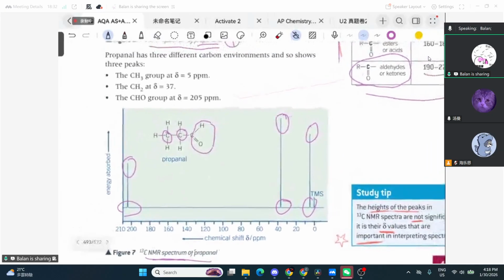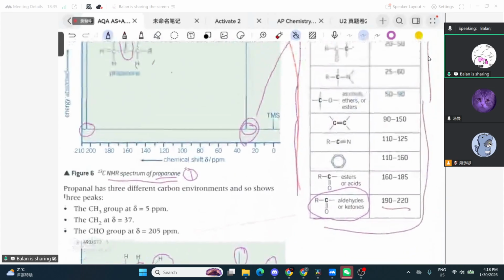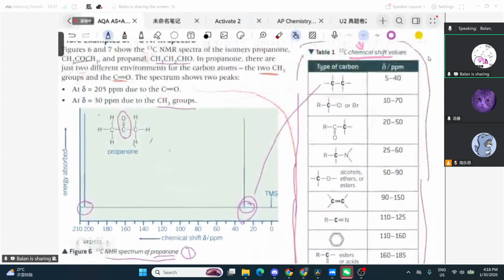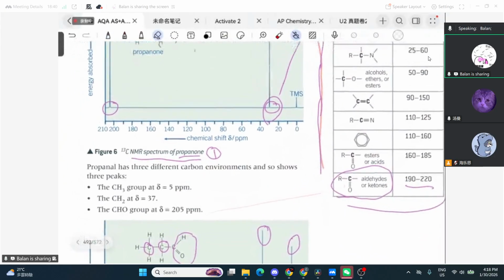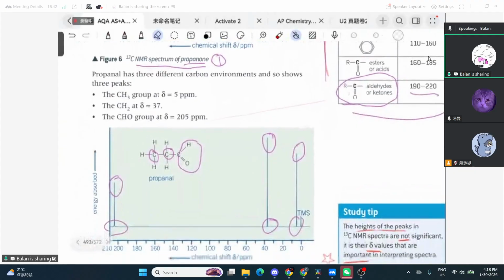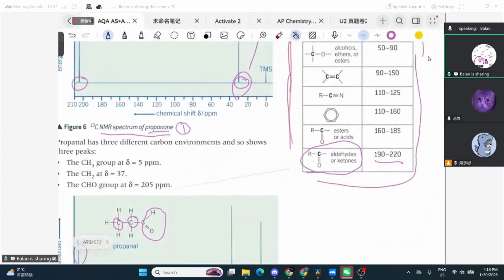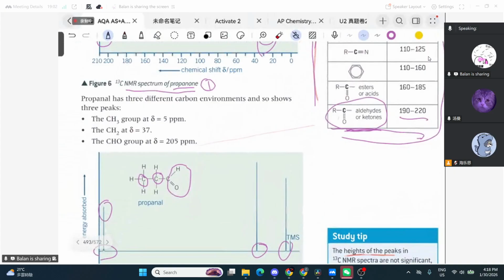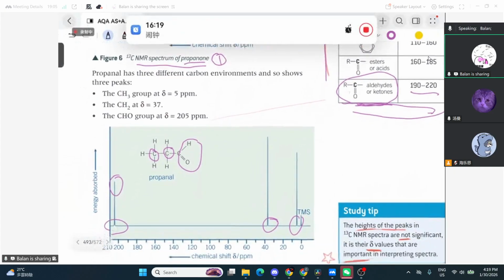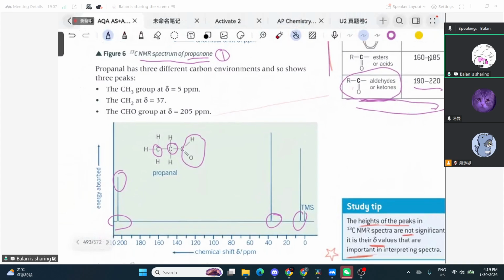So CH3 is at a chemical shift of about 5 to 40, you can just search the table. So the CH3 group is at 5 ppm, CH2 at 37, and the CHO group, you can search in the table. It's an aldehyde, so it's at a chemical shift of 205.